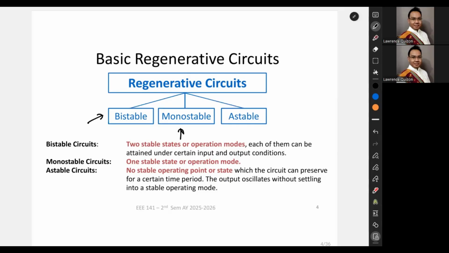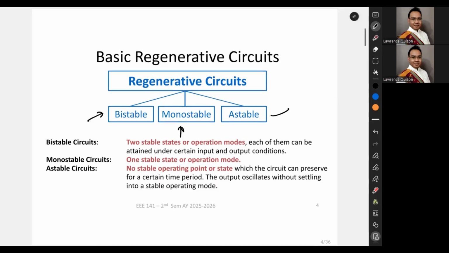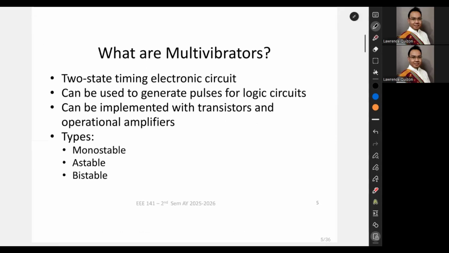We have a monostable regenerative circuit, which has one stable state, and the astable regenerative circuit, which does not have a stable state, and in fact, it oscillates between a few states.